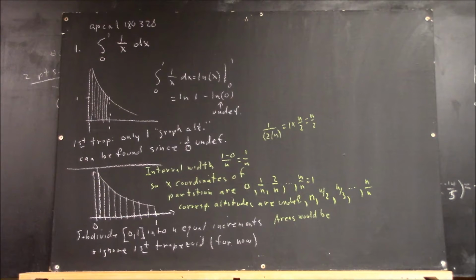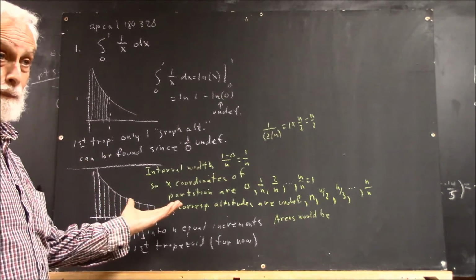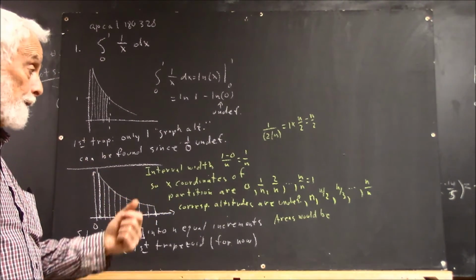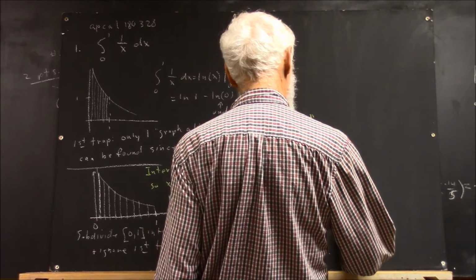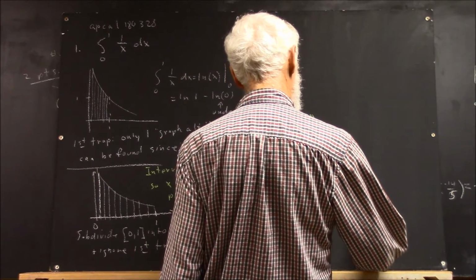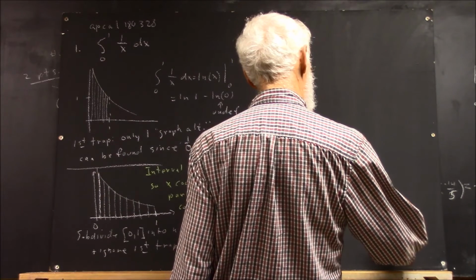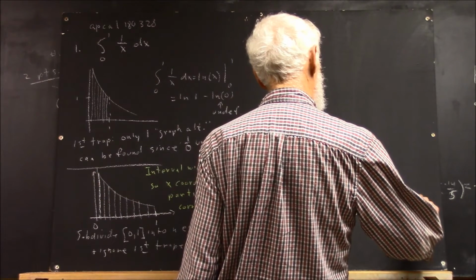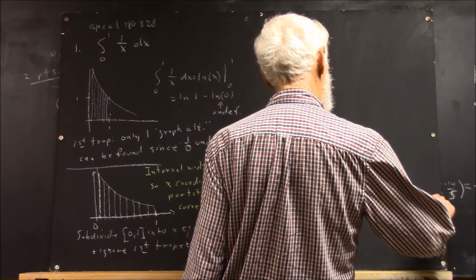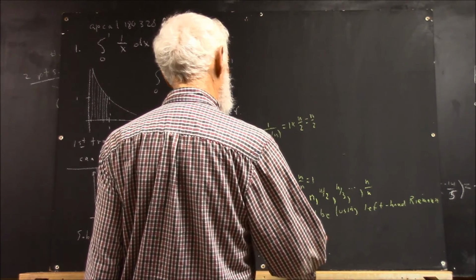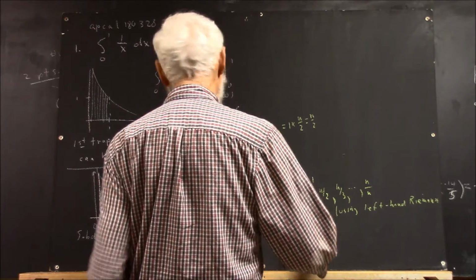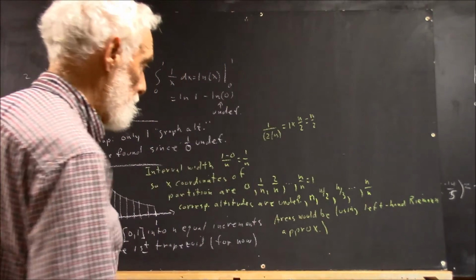Well, it's a little bit complicated to do the areas of the trapezoids. So I'm going to say using a left-handed Riemann approximation, which is not as accurate, but since we're going to let n approach infinity, it's not going to matter.